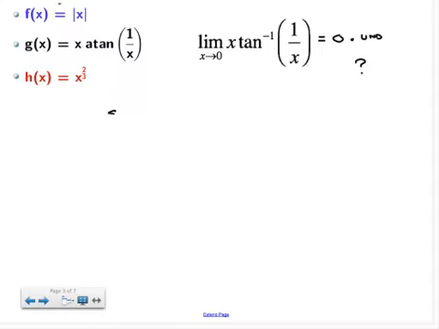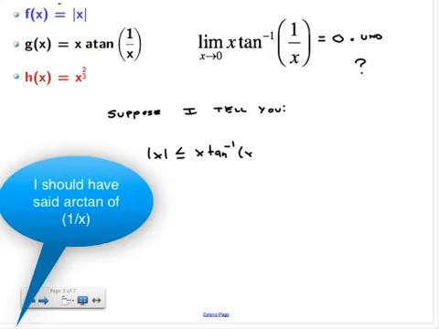Now, suppose I tell you that the absolute value of x is less than or equal to x times the arctangent of 1 over x. Arctangent has two notations, either tangent with a negative 1 exponent or arctan, either way.